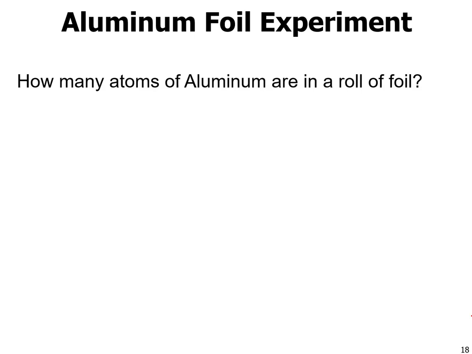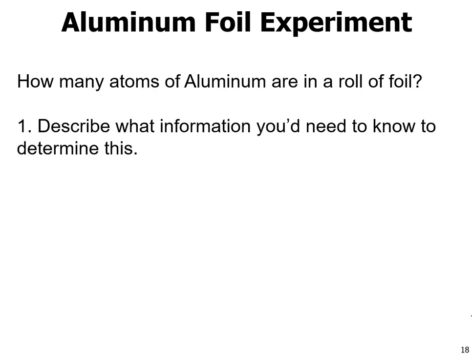The problem was the instructor asked the students to determine how many atoms of aluminum there would be in a roll of aluminum foil. For this experiment, I want you to think about what information you would need to know to determine how many atoms of aluminum are in a roll of aluminum foil.